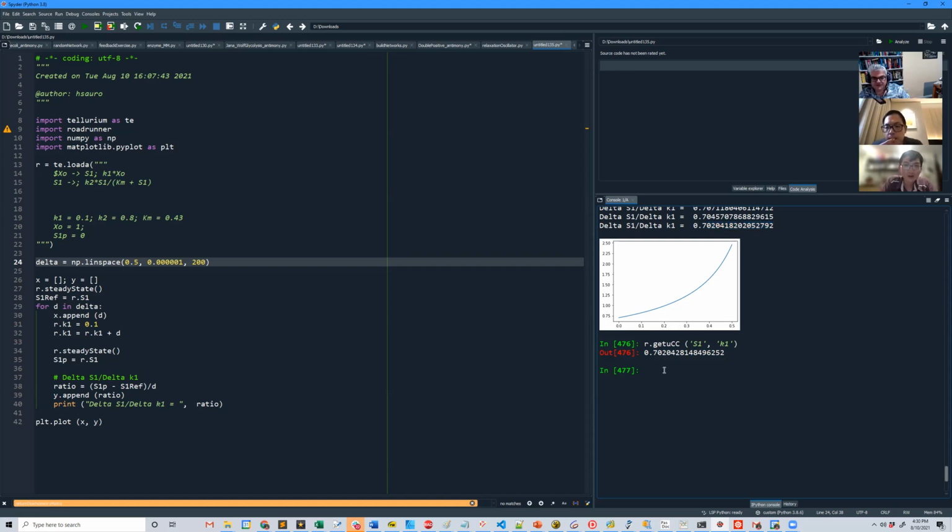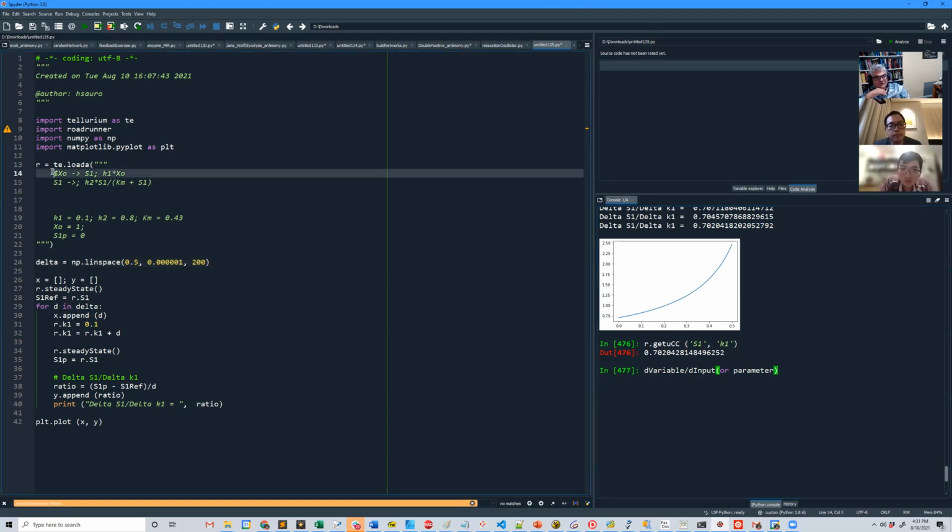It's always d of a state variable, or some other measurable, with respect to an input or parameter, depending on who you speak to. But the denominator has to be a non-state variable. It has to be something that's fixed. So it could be K1, K2, a Km, or X0 is also a possibility. So there's a whole bunch of possible ones.